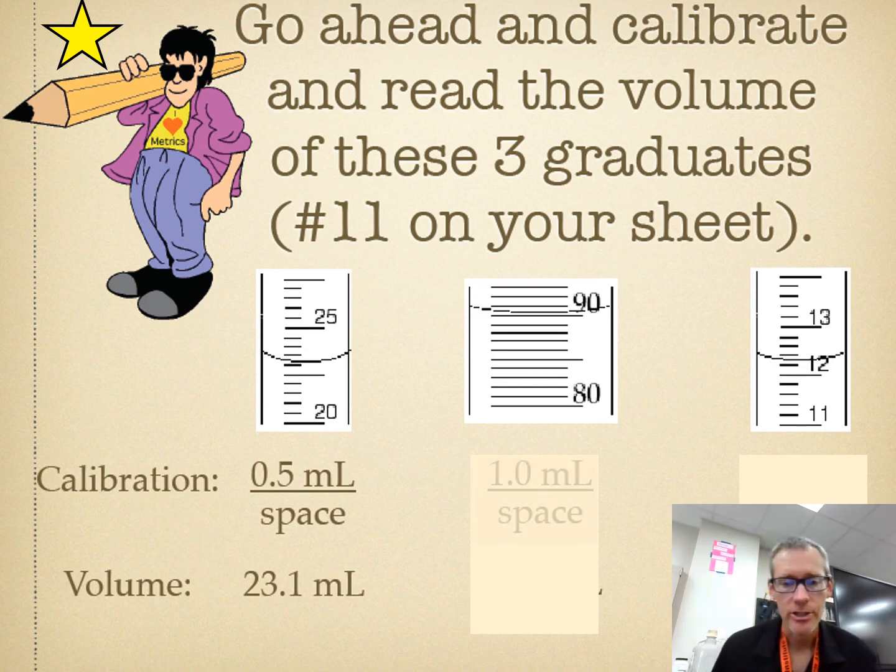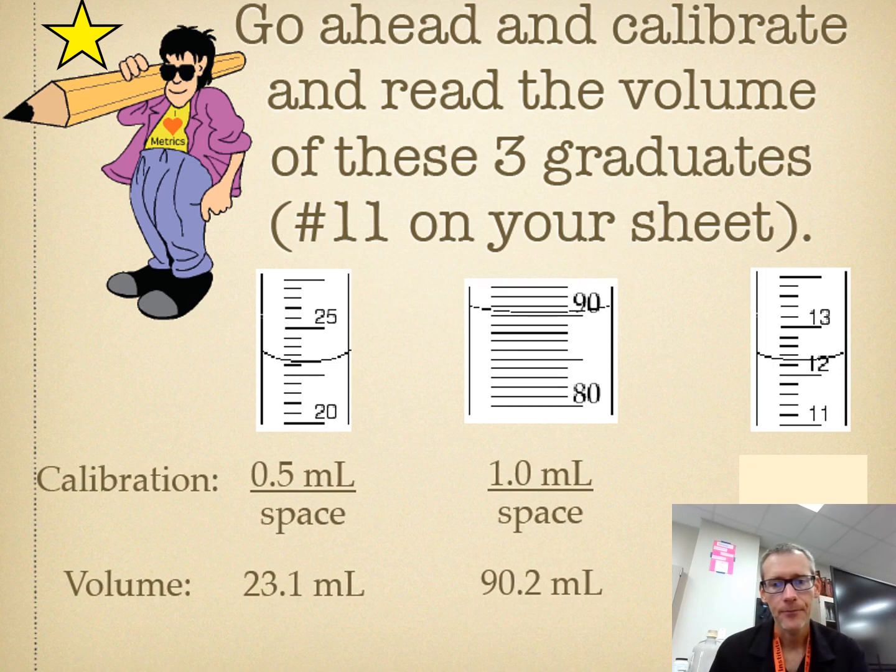The second calibration you should get is 1 milliliter per space, and that one's just above 90. So 90.2, 90.3, any of those numbers are good. And for this one you should get 0.2 milliliters per space, and it's right in between 2 and 4, so you should have 12.3 milliliters.